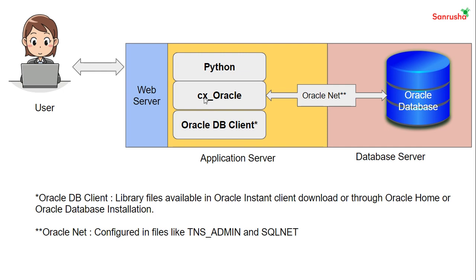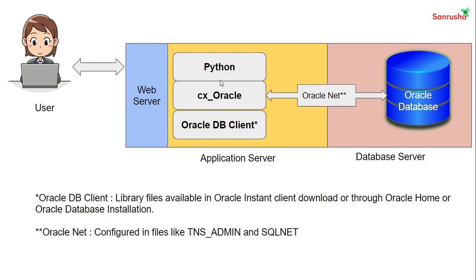You will have to install this cx_Oracle Python library on your application server, and you need to import that library in your Python code, like any library you import when you write a Python program. You import NumPy, you import pandas, like that. When you write a Python program, you will write the command import cx_Oracle. Of course, we will talk about it in more detail when you write Python programs.